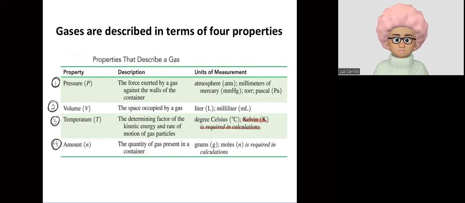When it comes to the units of measurement, we can see that these gas particles can be measured in grams, but when it comes to calculations, specifically, the number of moles is what's utilized. So now that we know the four properties that can describe a gas, we are now going to focus on the behavior of gases by discussing gas laws.